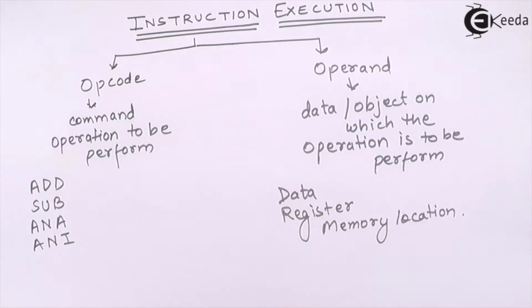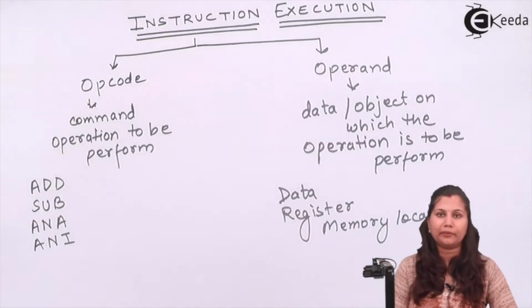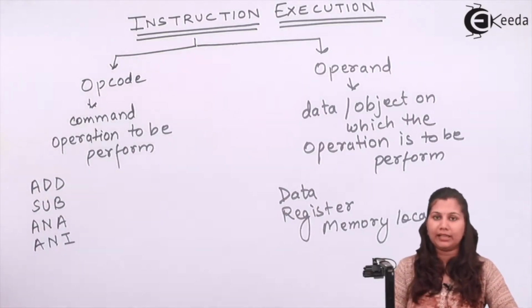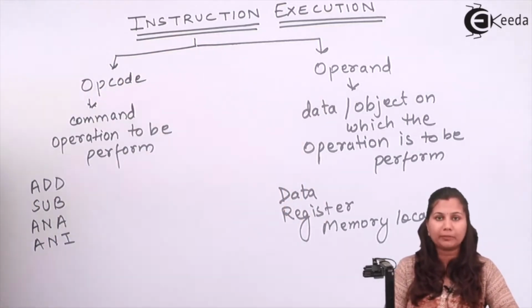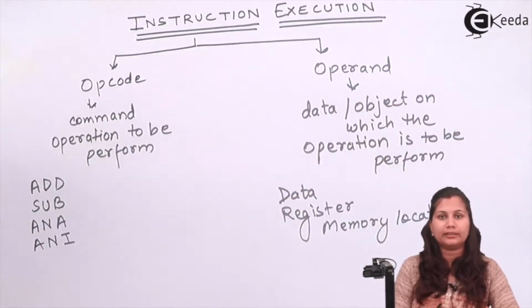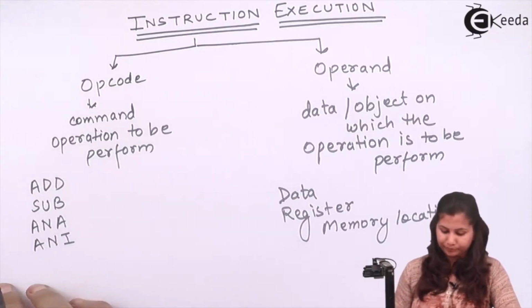These are the operands on which the operation has to be performed. So any instruction in the microprocessor will contain two things. First is the opcode, that is what operation the microprocessor has to perform, and second is the operand, the object on which the operation has to be performed.